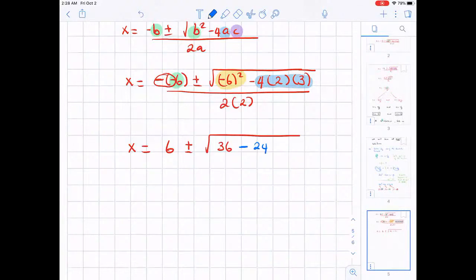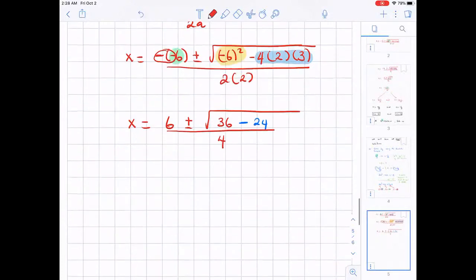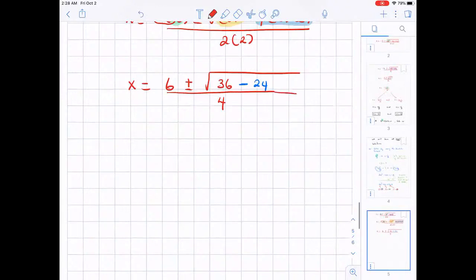All of that divided by 2 times 2 is 4. We simplify under the square root. So x is equal to 6 plus or minus the square root of 12 over 4. And then we ask ourselves, do we know the square root of 12?